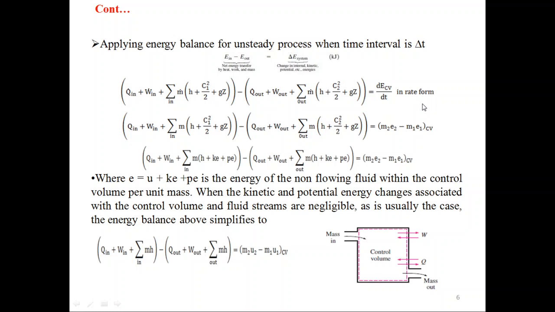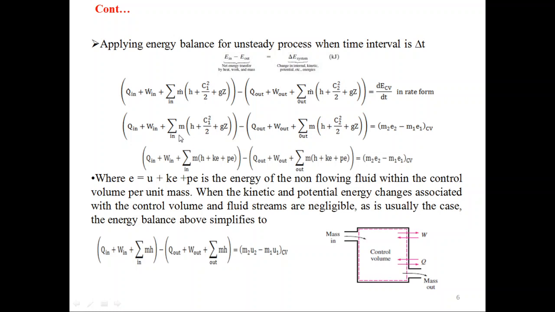If you want to find this without the rate form, then we multiply this whole equation by delta t, that is the time interval. So we will get Q in plus W in plus the summation of all the fluid having energy in terms of enthalpy per unit mass, kinetic energy per unit mass, and potential energy per unit mass. So this is for the entering fluid.